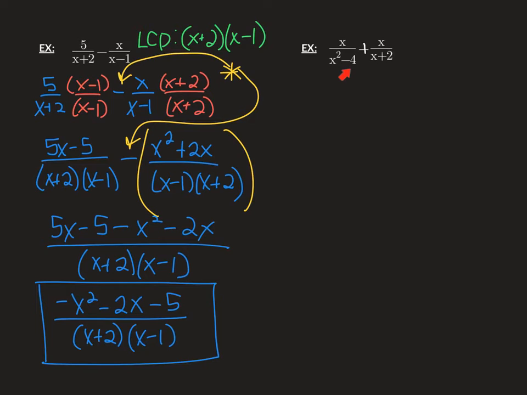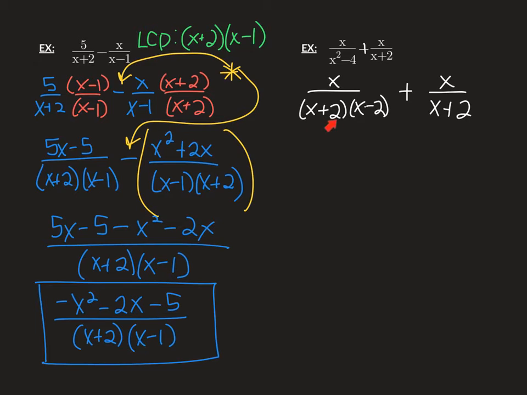So the only way I'm going to know if they have common denominators is if I go through and factor both of the denominators as much as possible. Well, this first fraction is going to leave me with an x plus 2 and x minus 2, plus x over x plus 2. Okay, so looking at my denominators now that they're factored, do they already have something in common?